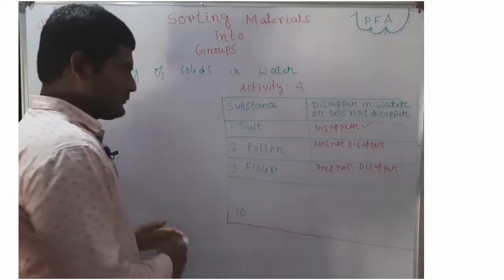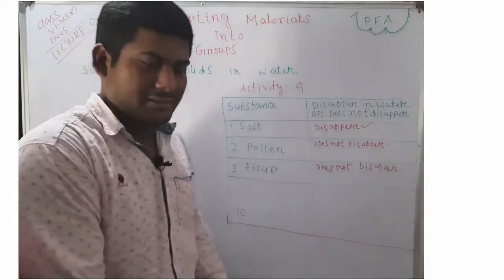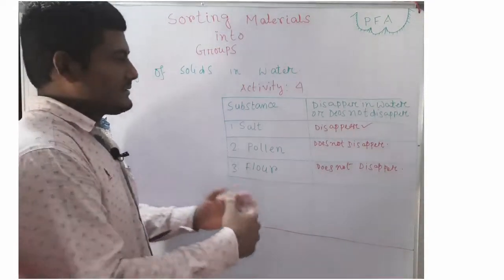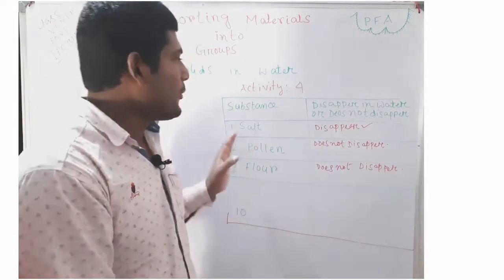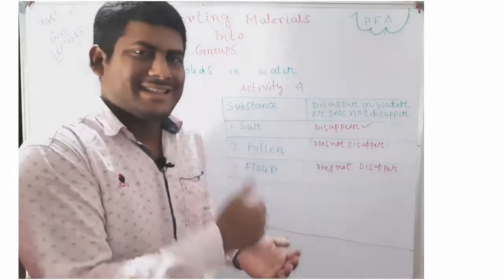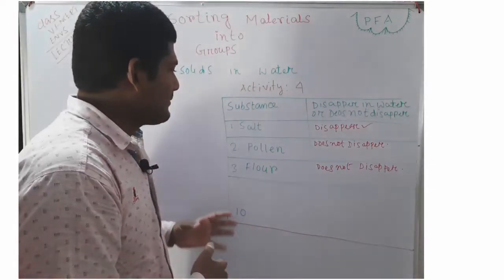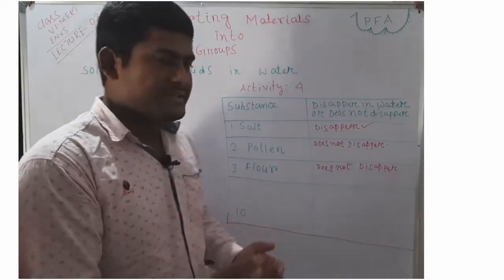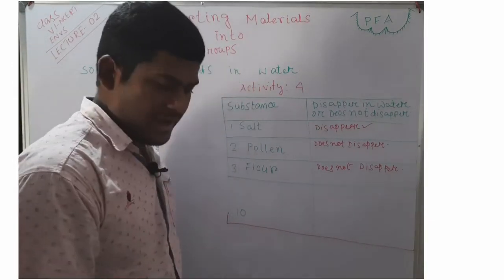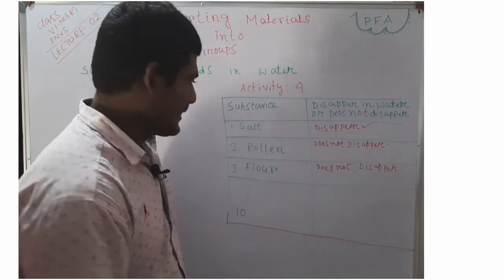So you see from this activity that there are some substances which dissolve in water or disappear in water, and there are also some substances which do not disappear in water.